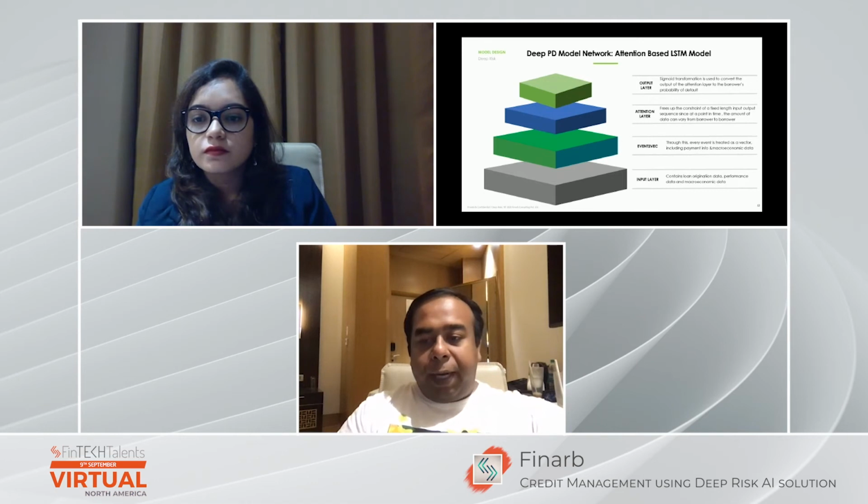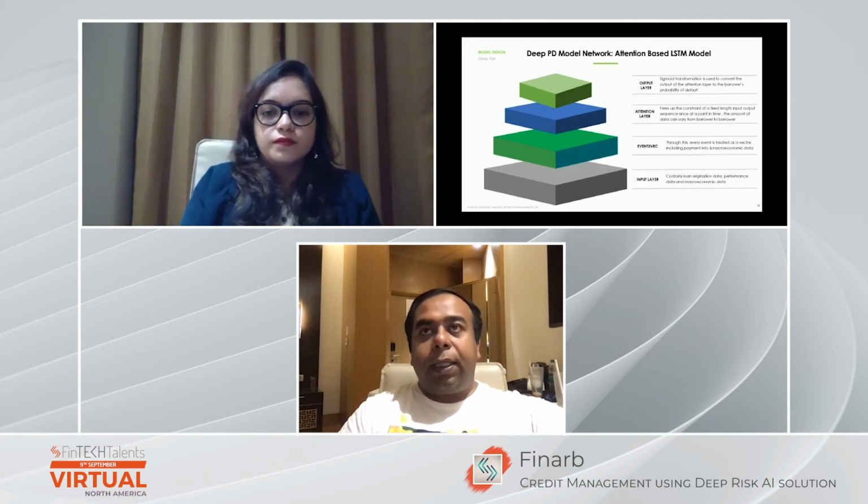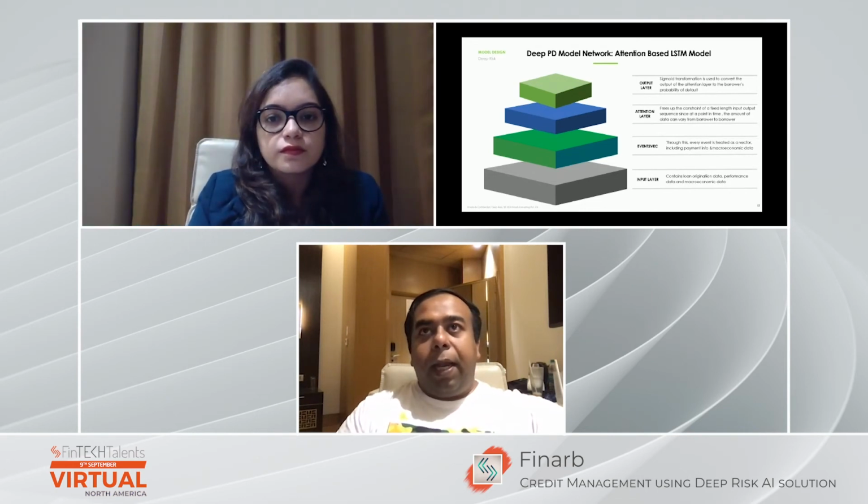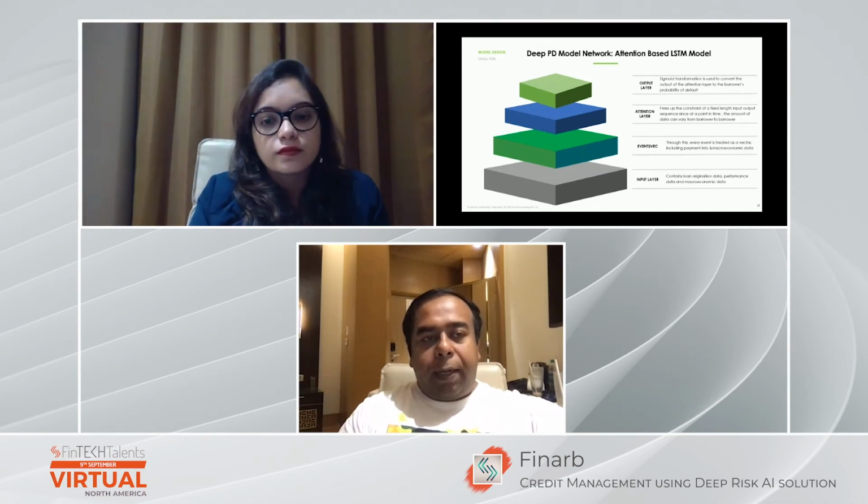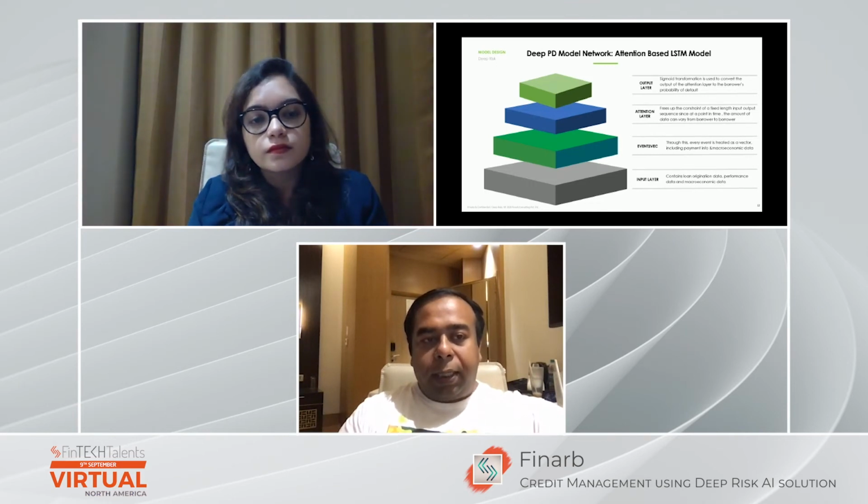The event to vec layer, if I draw the analogy, is taken from the word to vec concept. In a paragraph, a word has a context within that paragraph. So when you're using a word to vec model, that word is vectorized based on the context, the context being the paragraph the word was in.